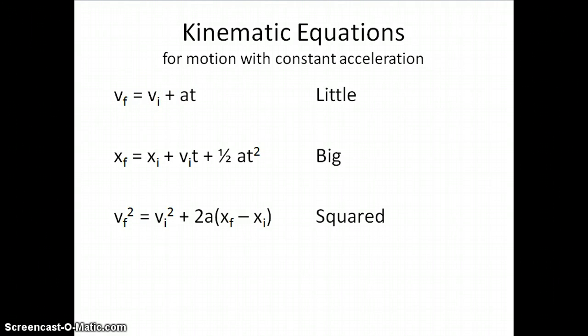If we rearrange it, you get acceleration is equal to the change of velocity over time. It's simply the equation for acceleration. The big equation is your final position equals your initial position plus your initial velocity times time plus 1/2 acceleration times time squared.